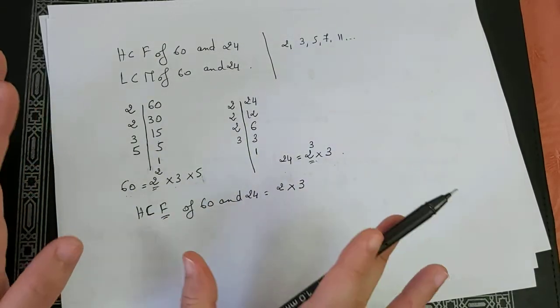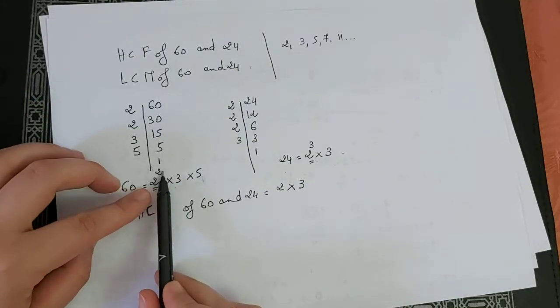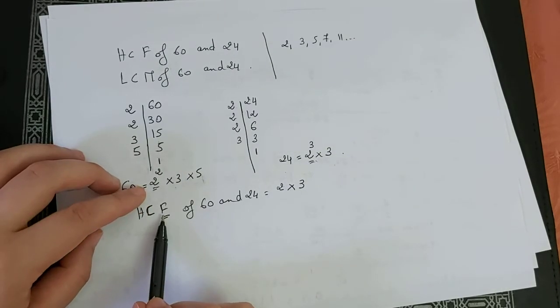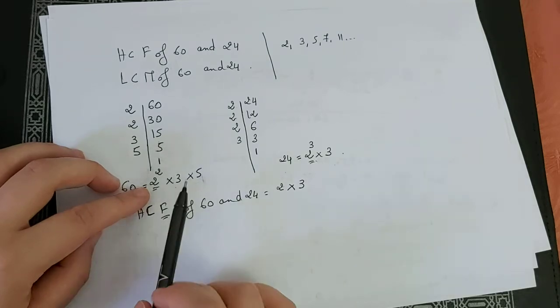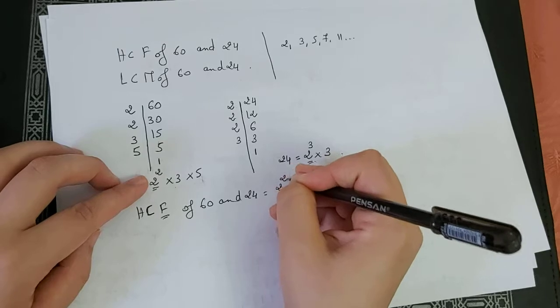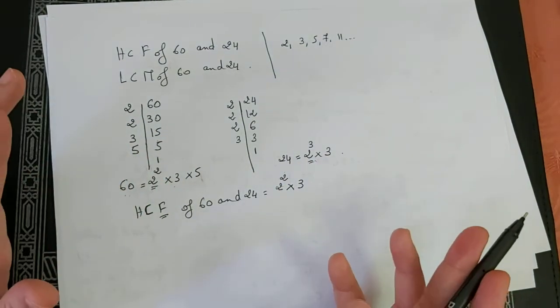Now, for the powers, for 2 I have power 2 and power 3, but in the highest common factor you will choose the lowest power. So among 2 and 3 I will choose 2, and for 3 I have 1 in both, so there is nothing to choose.